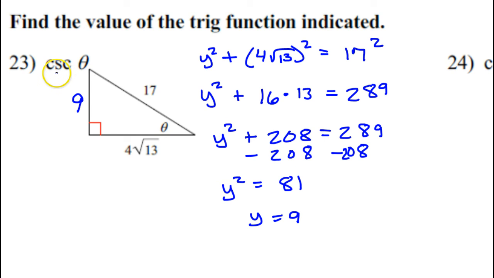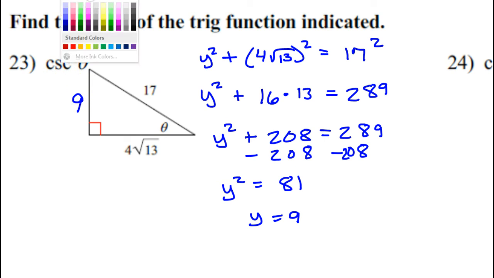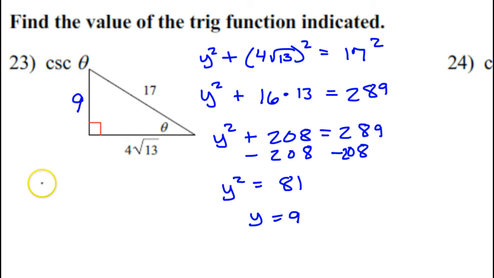Okay, now cosecant is a reciprocal trig function. So let's start by asking ourselves what the regular trig function is. Cosecant is the reciprocal of the sine function. So what is the sine of theta first? Well, sine is opposite over hypotenuse.